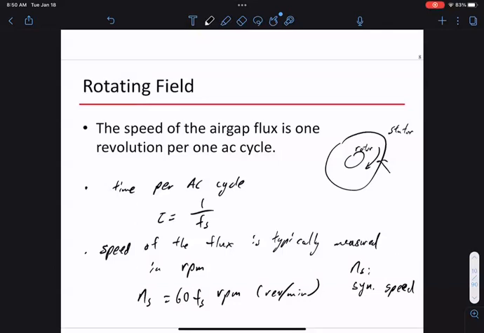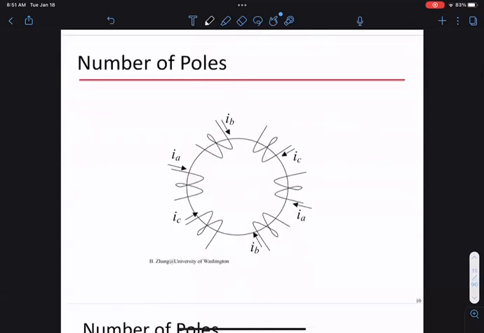And the way for it to go slower is just to artificially make the field seem slower. Just increase the number of poles, which makes the external AC cycle seem slower than the actual one. So that's why you can step down the speed with the poles.